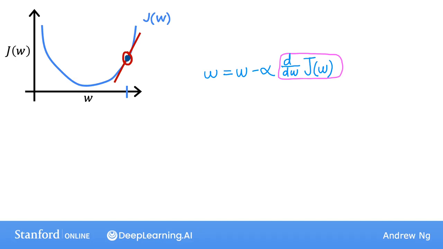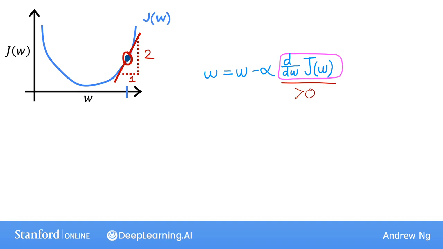In math, the slope of this line is the derivative of the function j at this point. To get the slope, you can draw a little triangle like this. If you compute the height divided by the width of this triangle, that is the slope. So, for example, the slope might be 2 over 1. When the tangent line is pointing up and to the right, the slope is positive, which means that this derivative is a positive number, so it is greater than 0.